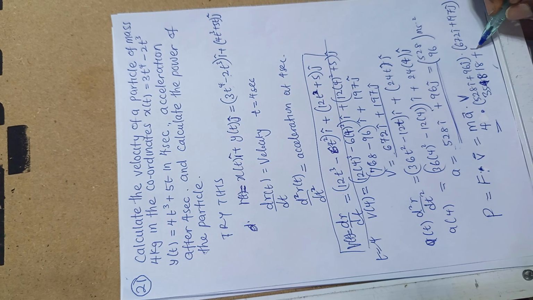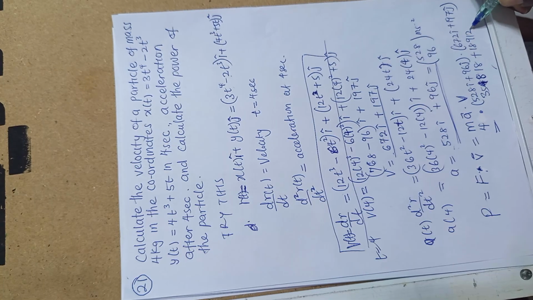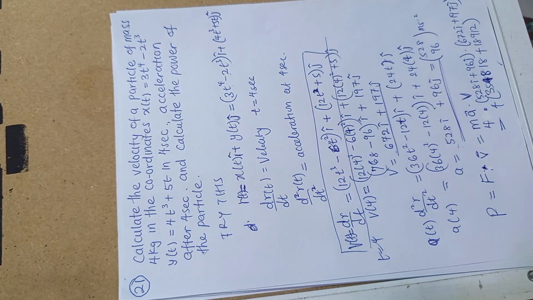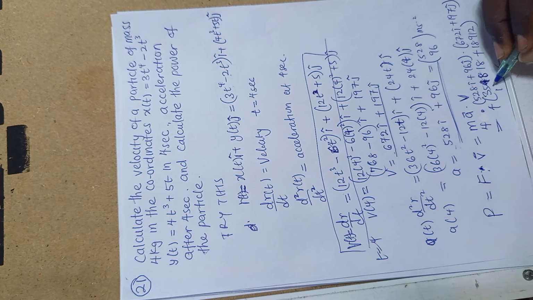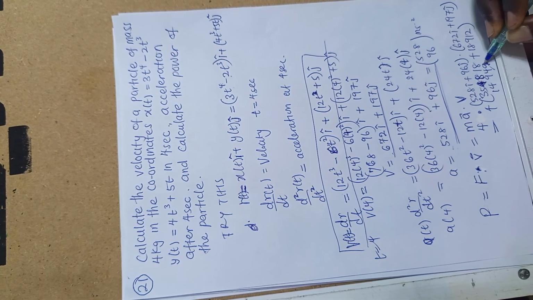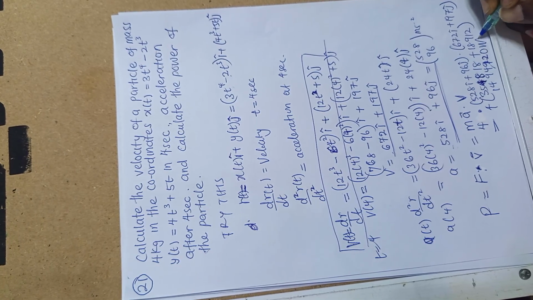It gives us 18912. Then when you add it with 354,818, you are going to have it times 4. So I'm going to have 1,494,920 watt.